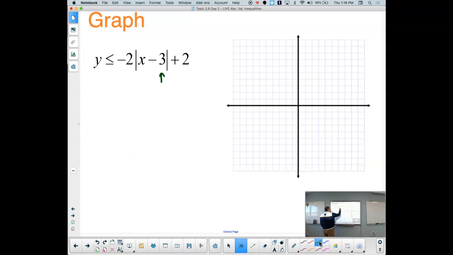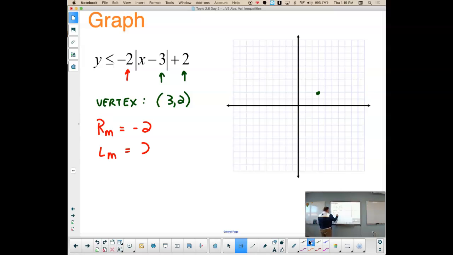These two right here tell me my vertex is at 3, 2. This one right here tells me my right side slope is -2.